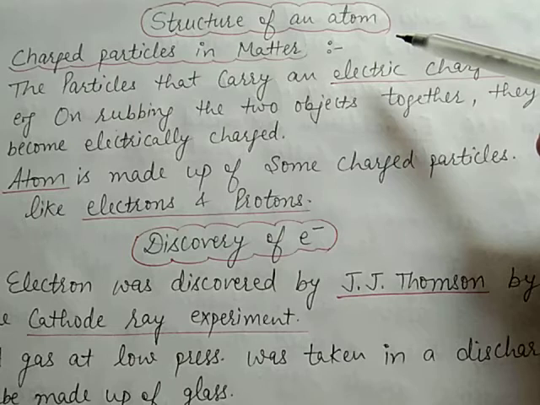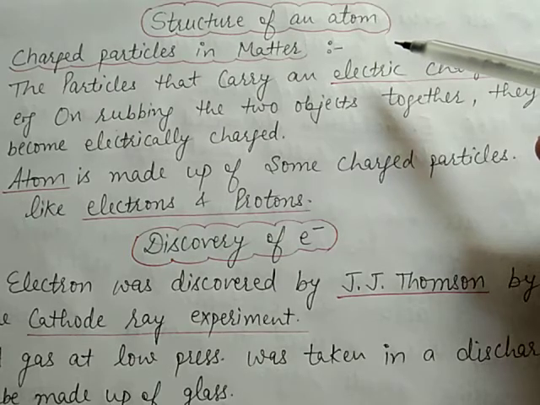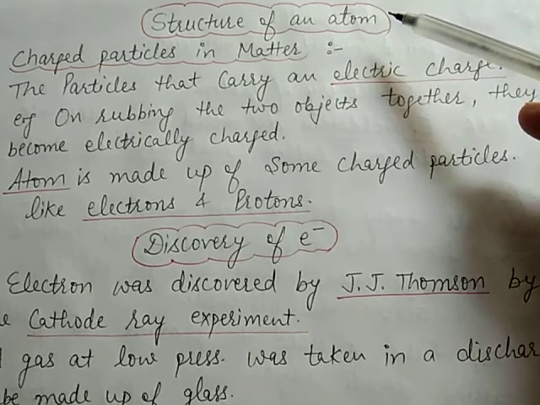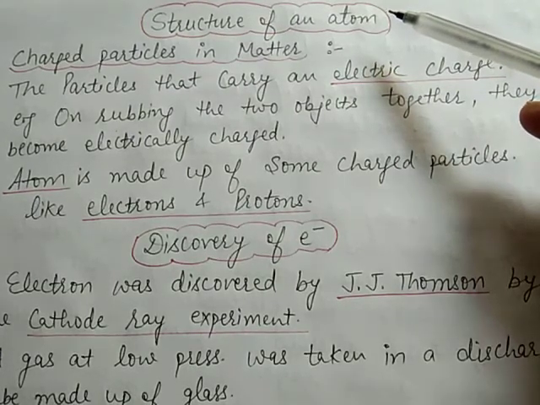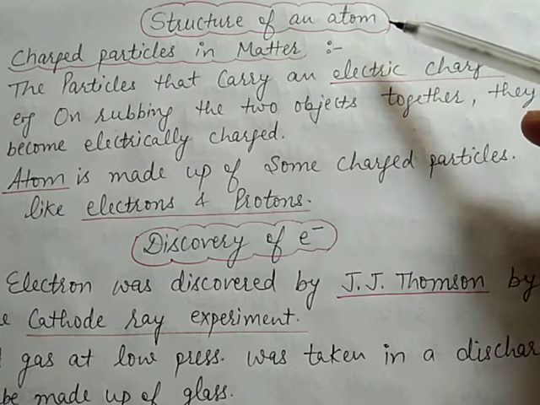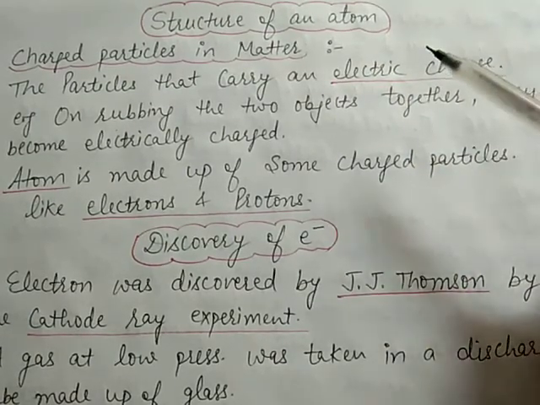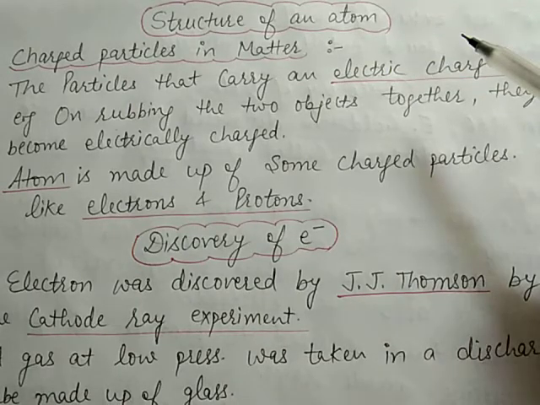Atom has three fundamental particles: electrons, protons, and neutrons. So, they are also called subatomic particles.